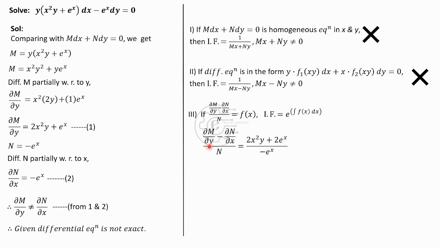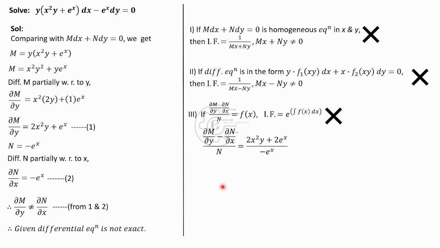Therefore ∂M/∂y − ∂N/∂x, that means equation 1 minus equation 2. तो हमें यहाँ पे मिलेगा (2x² y + 2e^x) whole divided by N, that is −e^x. तो यहाँ पे फ्रॉम न्यूमरेटर एंड डिनोमिनेटर ऐसा कोई भी कॉमन फैक्टर नहीं है जो कैंसल आउट हो सके, तो ये क्राइटेरिया भी हम नहीं यूज कर सकते.